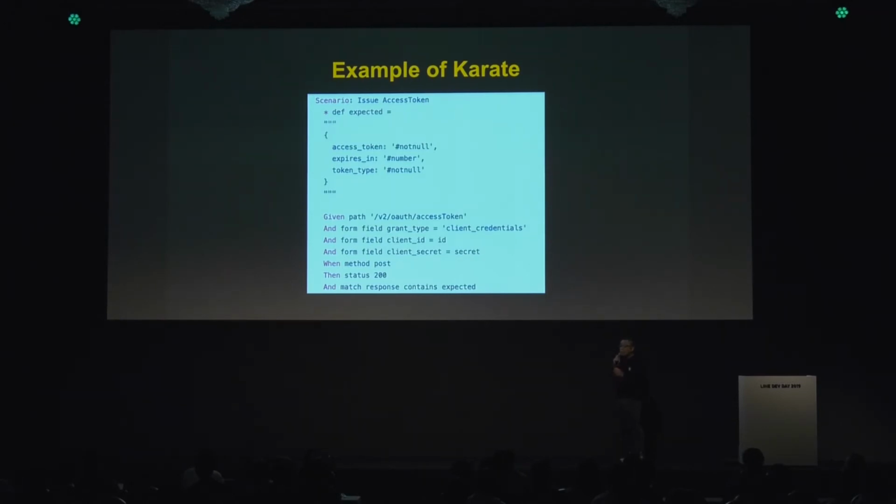Given means the prerequisites for the test, and When, this is to call the target of the test, and then you do the assertion after that. So RSpec and Cucumber also write in this format.